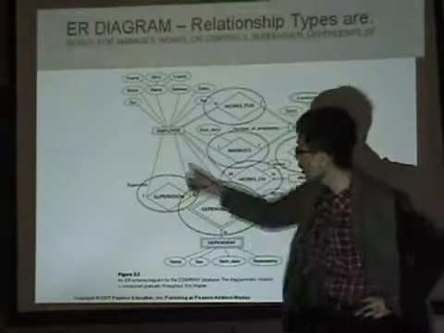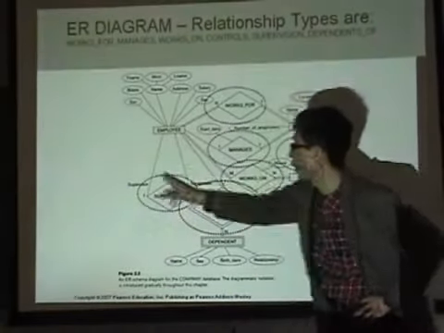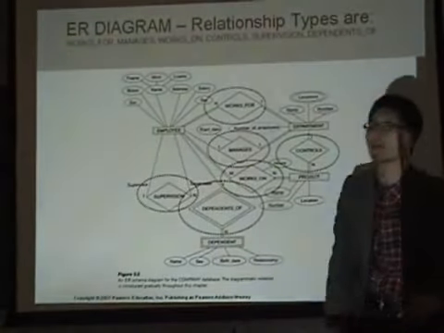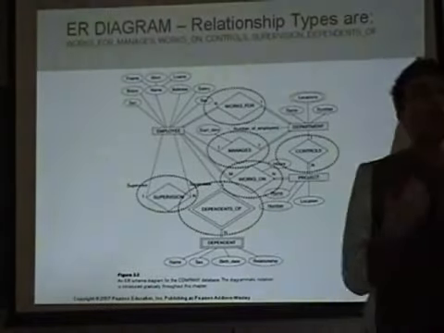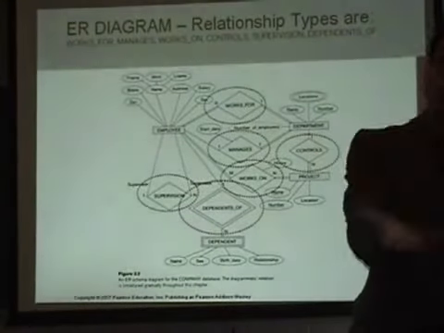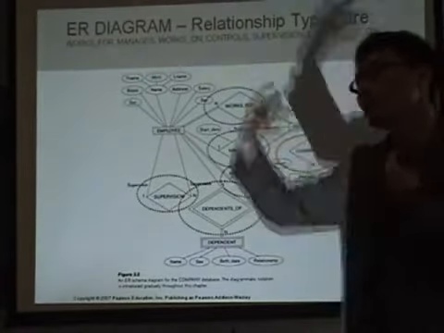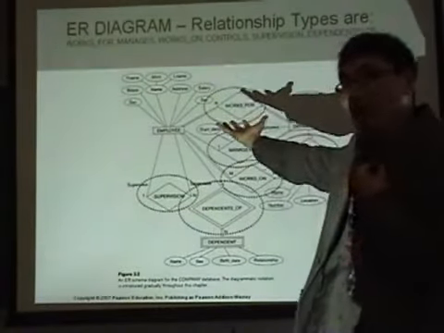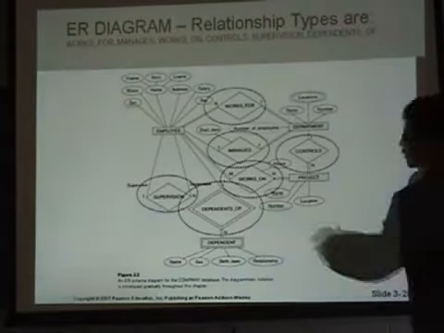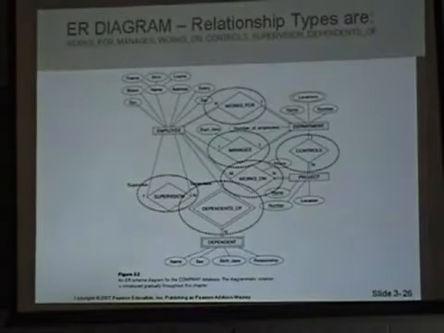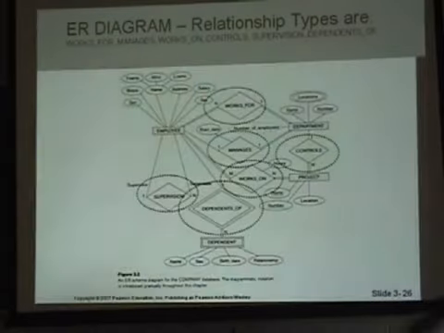It's between employee and employee. One is for supervisor, another one is supervising. Think about, I'm the advisor of you. But I can be advising some others. That is the recursive relationship.